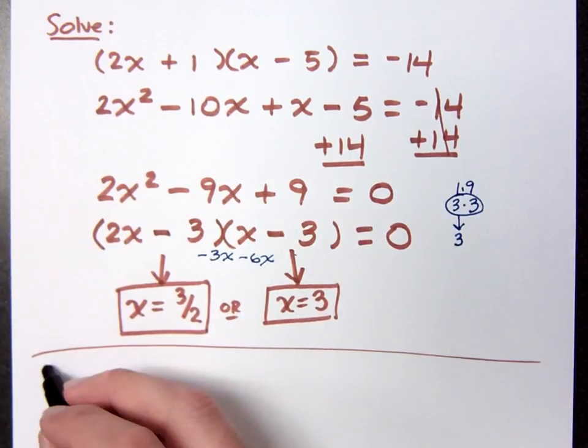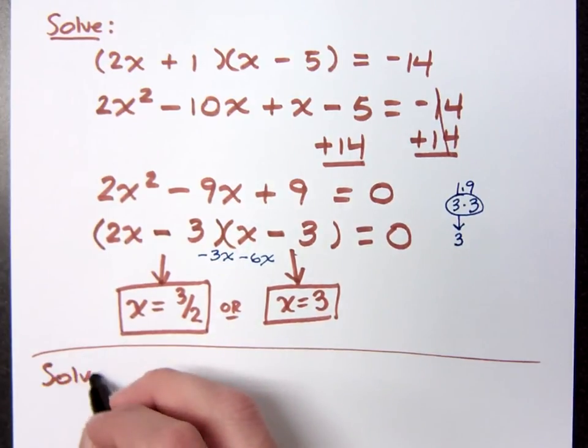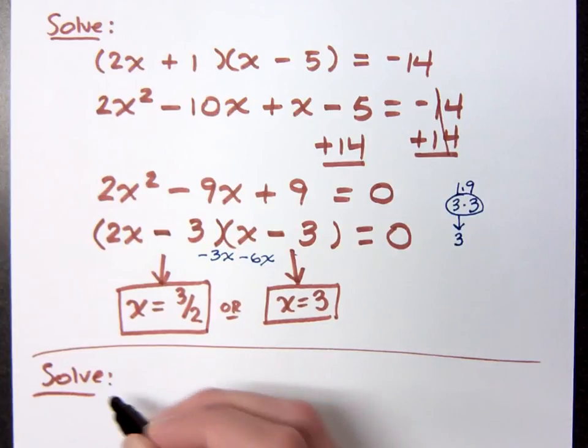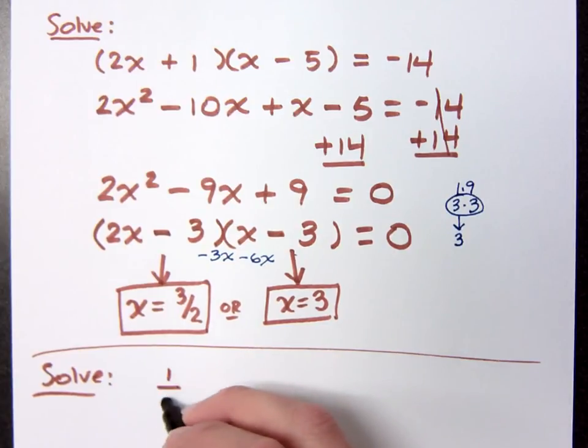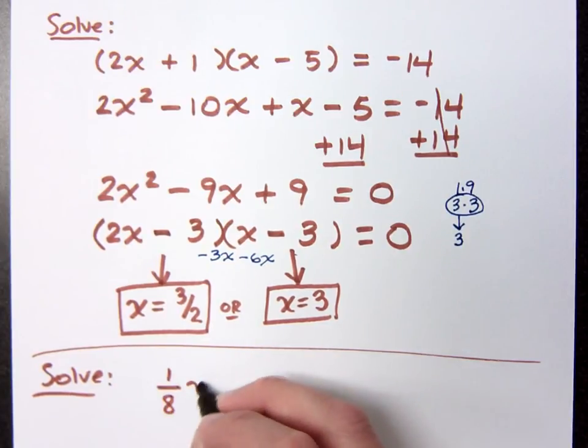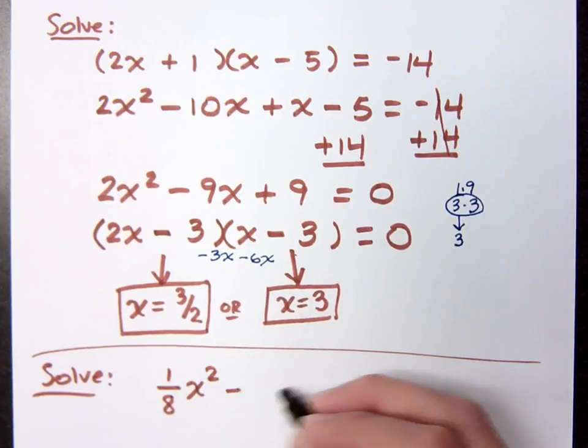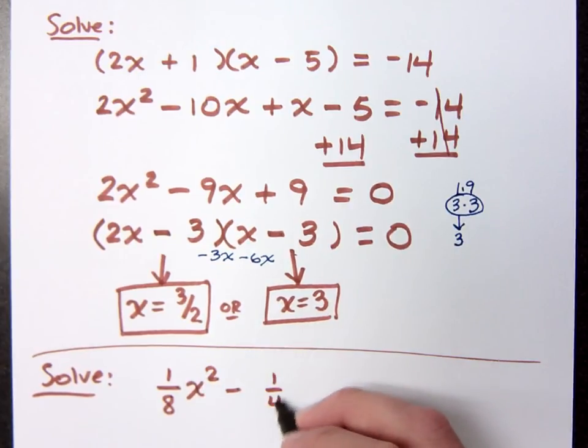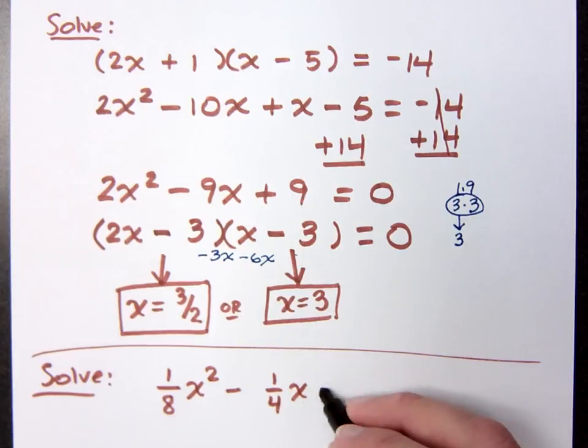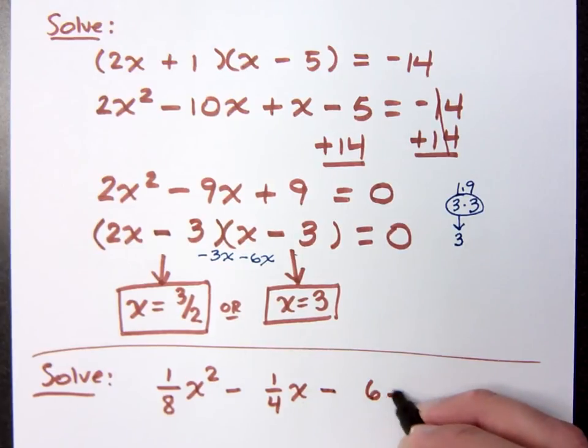For example, since Tosh seems to be all about the fractions, if I have 1/8 x squared minus 1/4 x minus 6 is equal to 0.